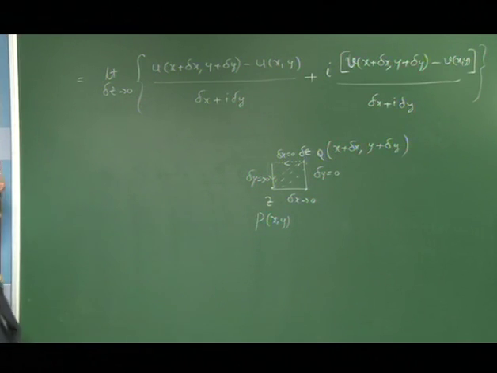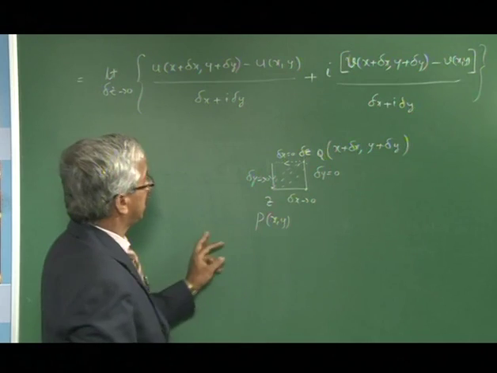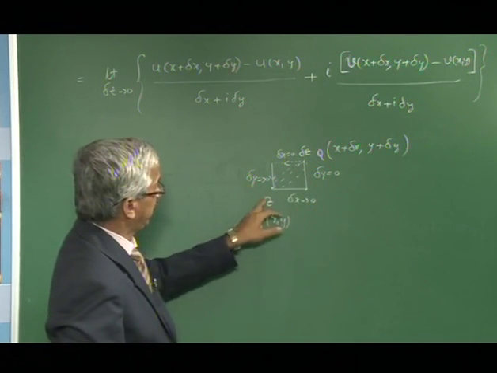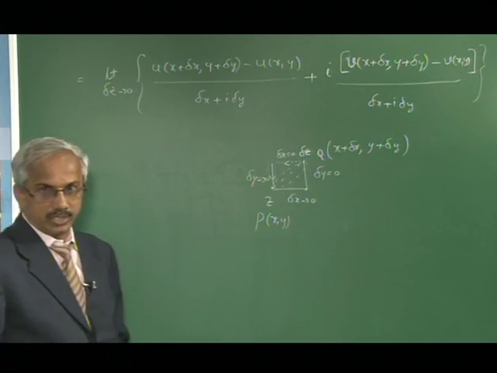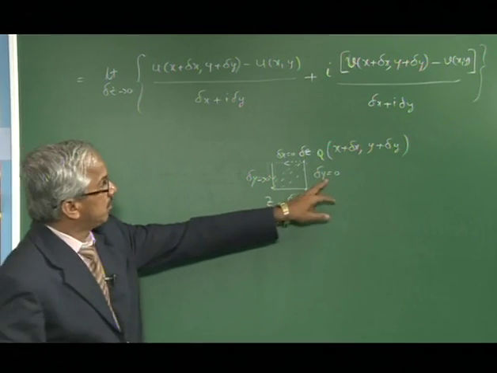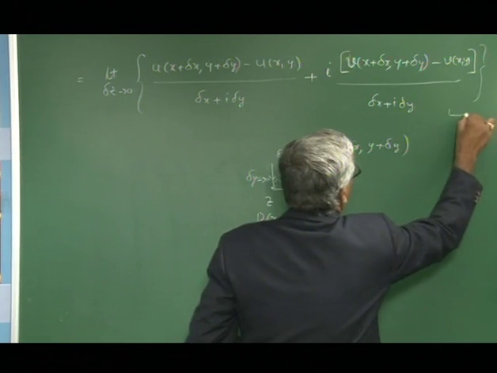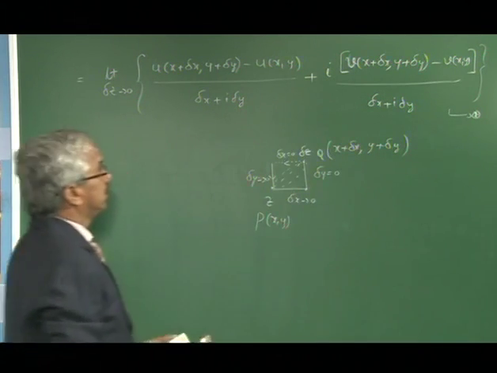So let us consider the limit delta z tends to 0 along the path parallel to the x-axis, for which delta y is equal to 0. I take this as star or 1 accordingly.